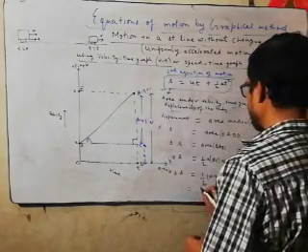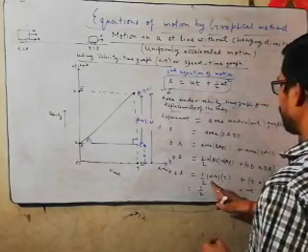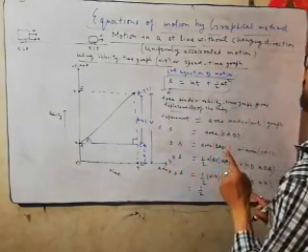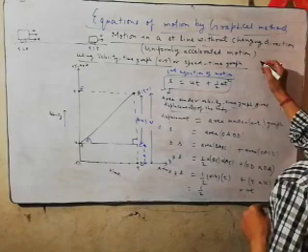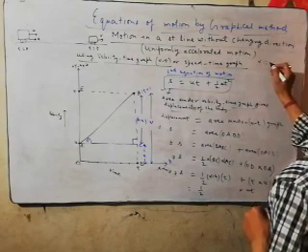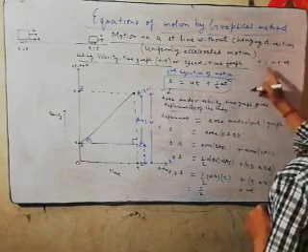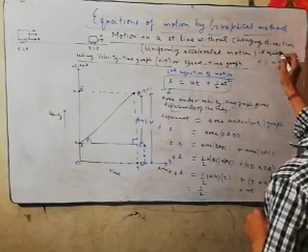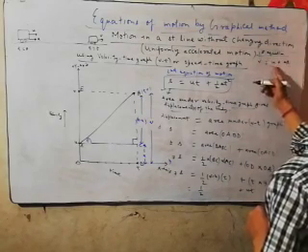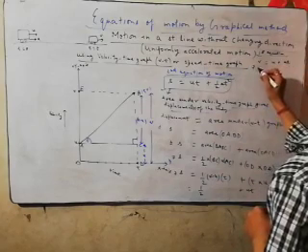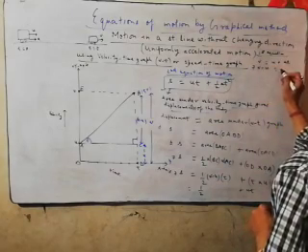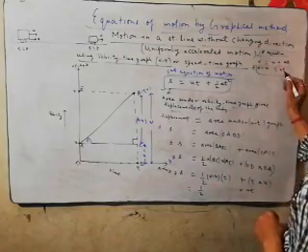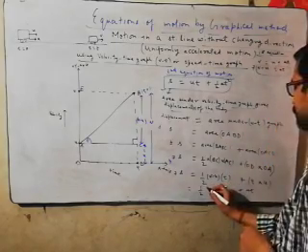And here we are getting half into V minus U. Now in place of V minus U, what can we write? From the first equation of motion, V is equal to U plus AT. Bringing U to this side, we get V minus U equals AT.